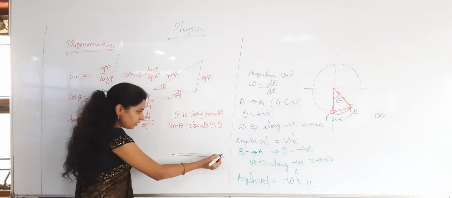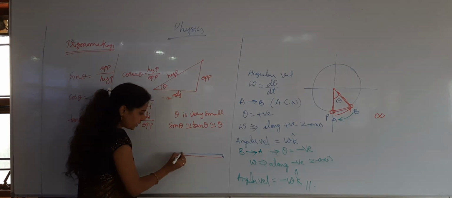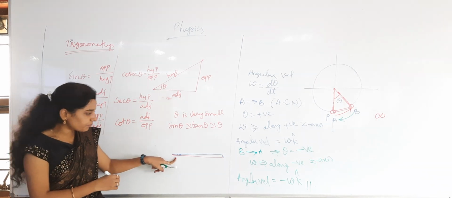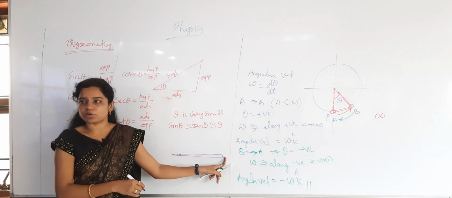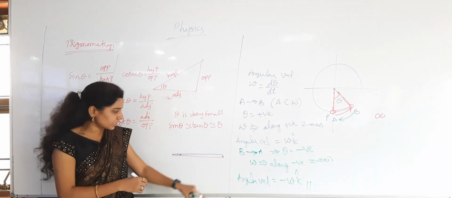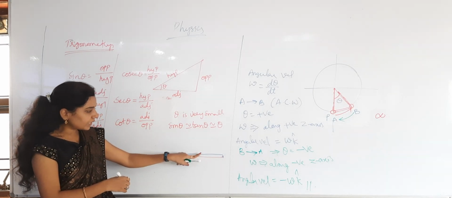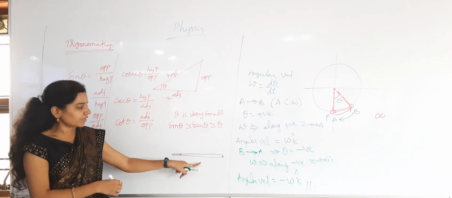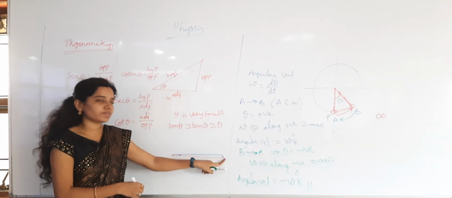Whenever you see here, you can say that this adjacent is equal to the hypotenuse. Is that correct? This is a right angle triangle. Again I made the right angle triangle, but theta is very small here. As compared to this adjacent, the opposite is very small. Whenever the opposite is very small, I can say that the adjacent is equal to the hypotenuse. Both are the same only.